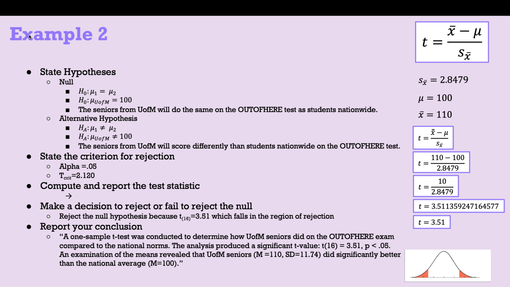The analysis produced a significant t-value, t(16) = 3.51, p < 0.05. An examination of the means revealed that the University of Memphis seniors, mean of 110, standard deviation of 11.74, did significantly better than the national average, mean of 100.